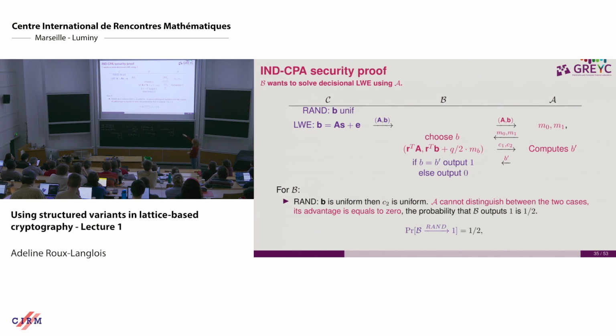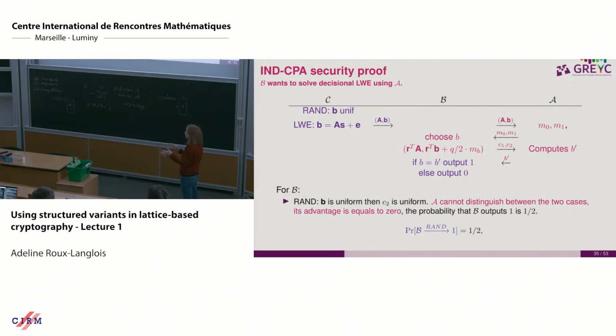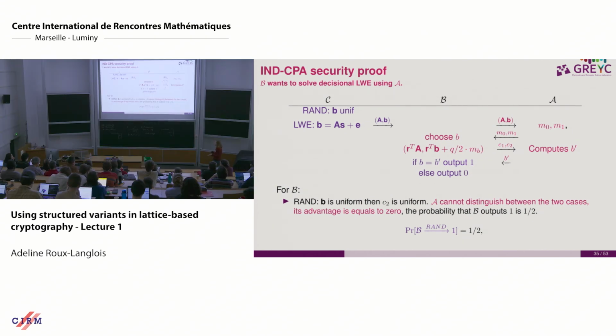So how does it do that? It starts with C sending to B A, b with two possibilities: either b is uniform, or b equals AS plus E. And at the end, B has to decide in which case we are. So what does B do? He says, okay, I have this public key. I don't know the secret key, but it's fine.